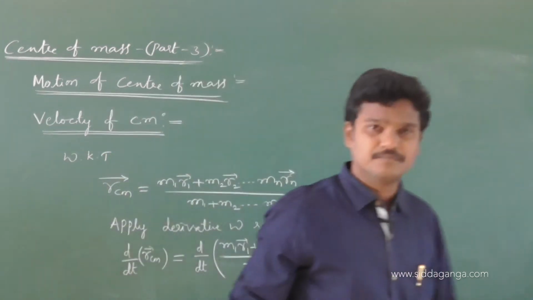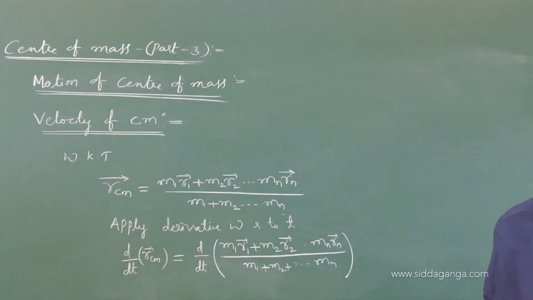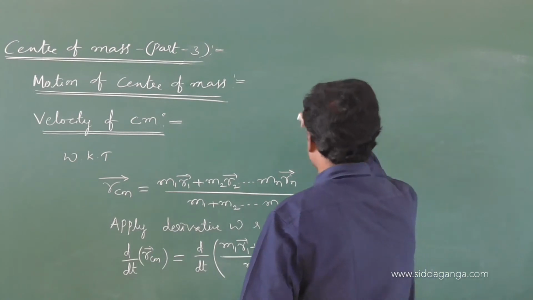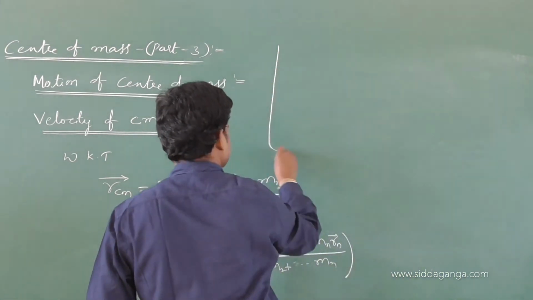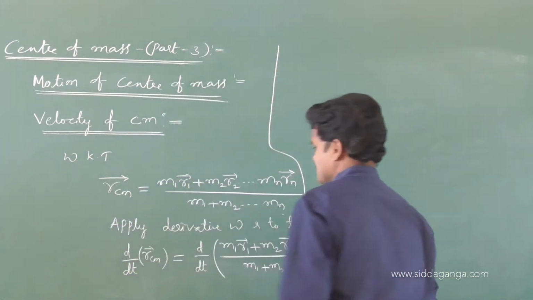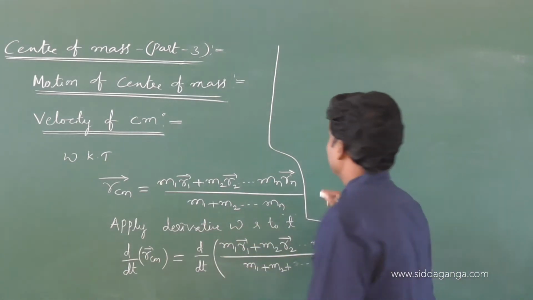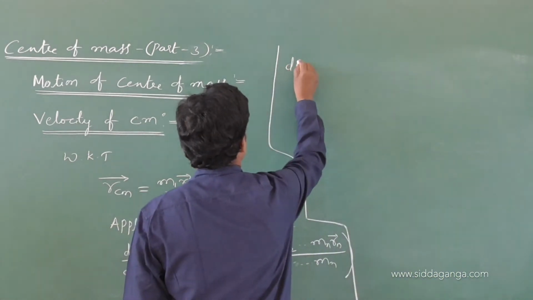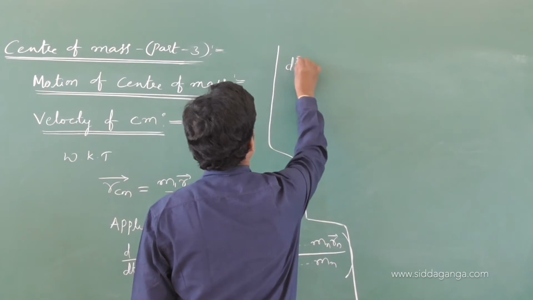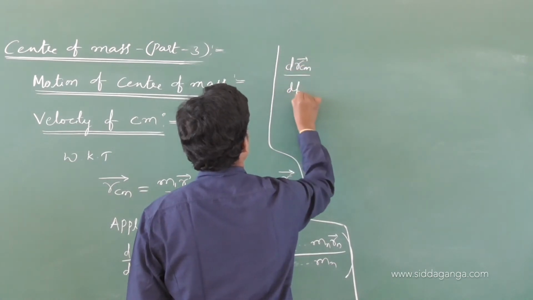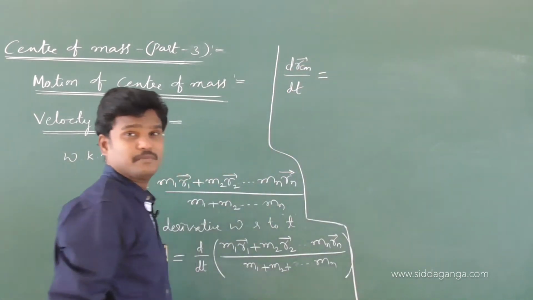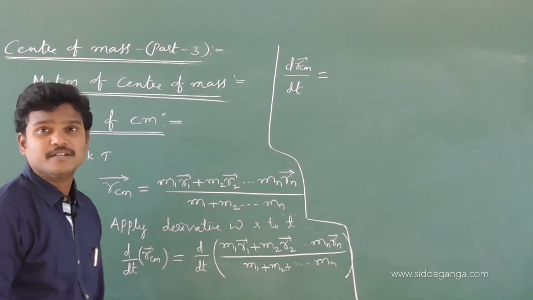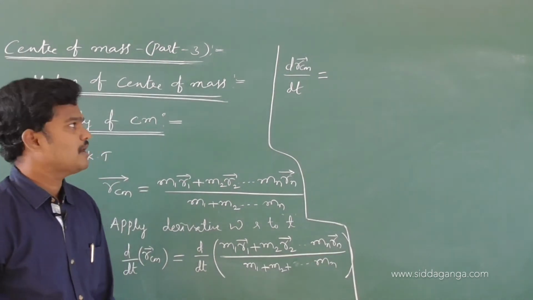Now on the left side we got d RCM bar by dt, nothing but dr by dt, nothing but velocity of center of mass.